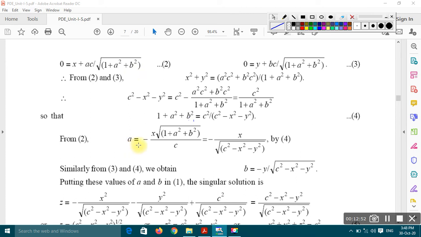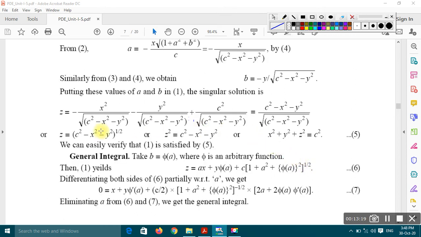We get a is equal to minus x root over 1 plus a square plus b square upon c, which is equal to minus x upon under root c square minus x square minus y square. Similarly, we can find the value of b, which is minus y upon under root c square minus x square minus y square.